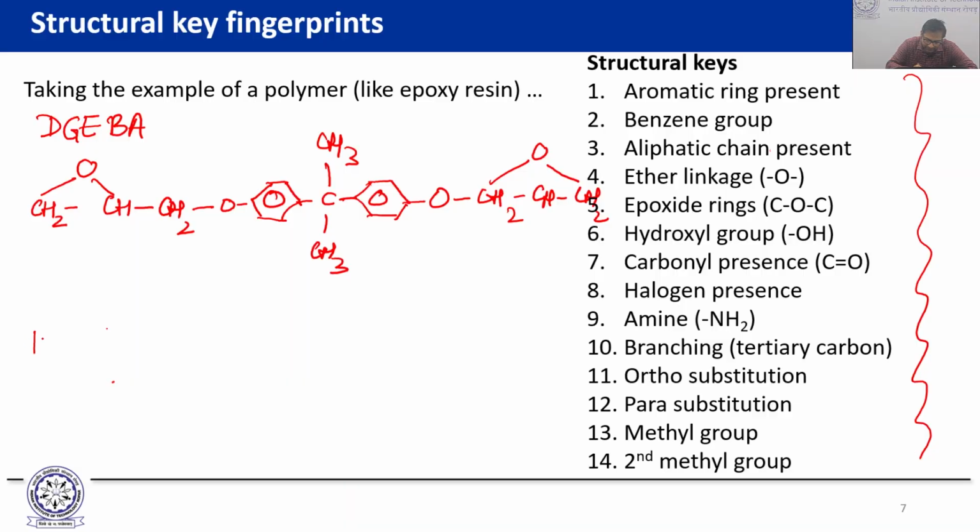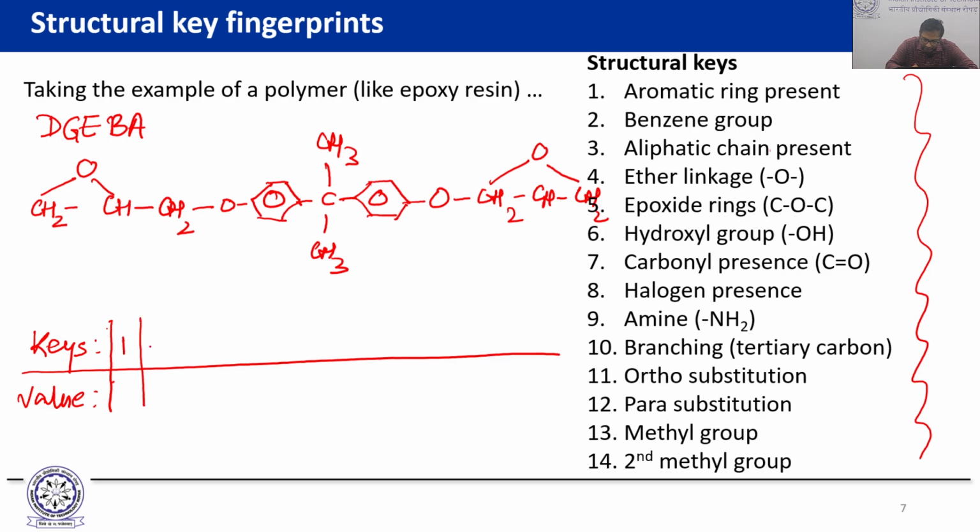And frankly, for this specific molecule, we do not need any of the other keys. So how do I actually represent this? I will have to write the key number, and then write the value corresponding to the key. Remember, we are basically creating some sort of a feature vector type of representation.